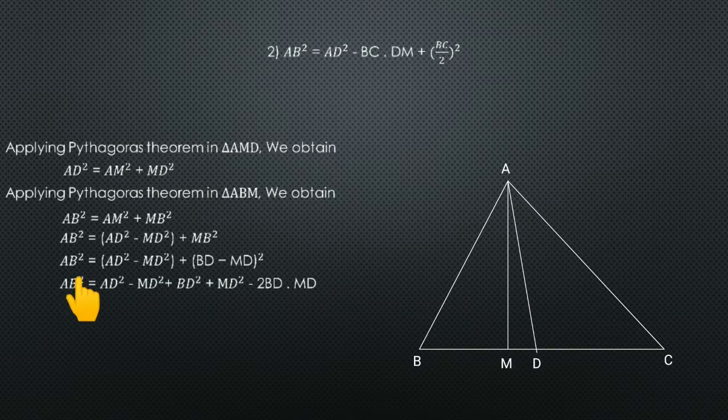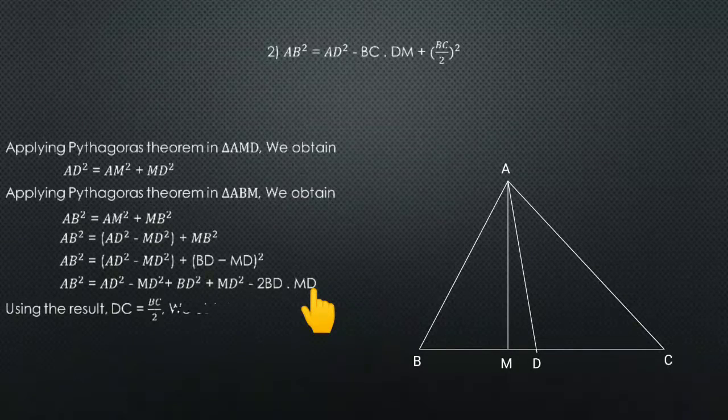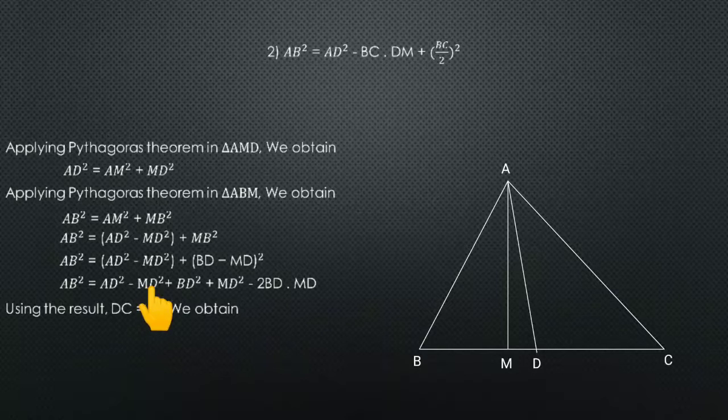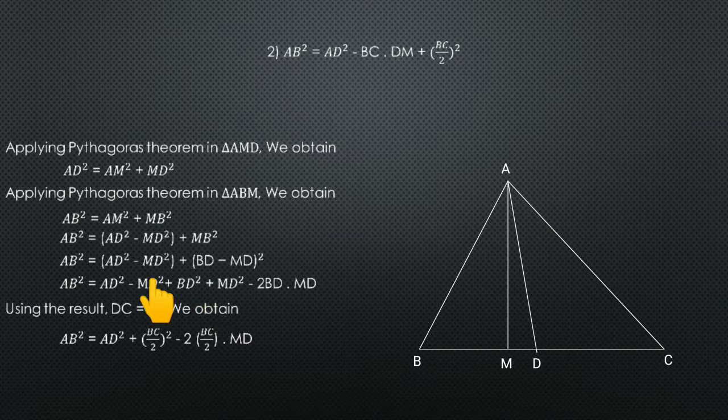Therefore, AB square is AD square minus MD square as it is, plus BD square plus MD square minus 2BD into MD. Here minus MD square and plus MD square both are cancelled. Therefore, we have AB square is equal to AD square plus BD square minus 2BD into MD.